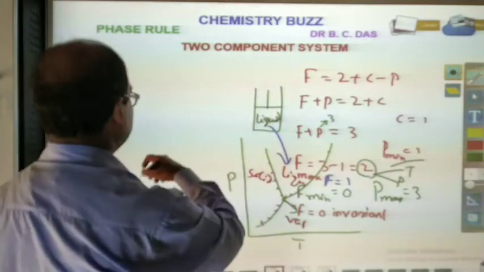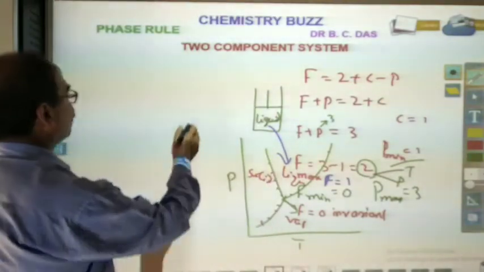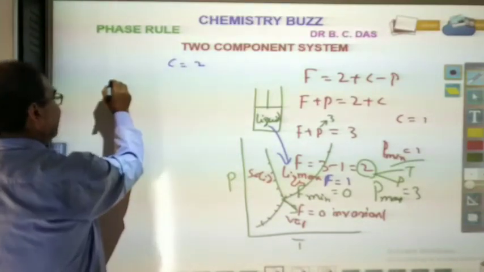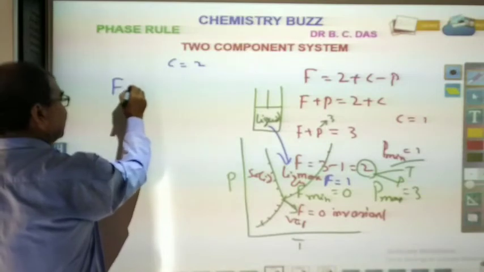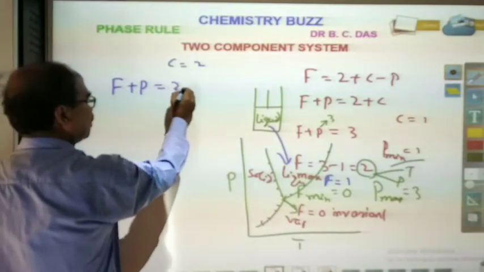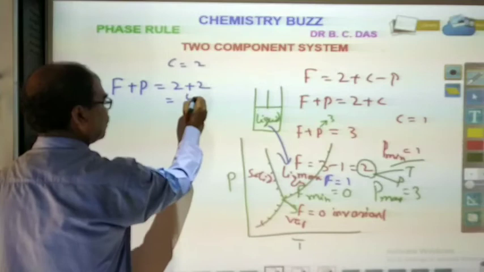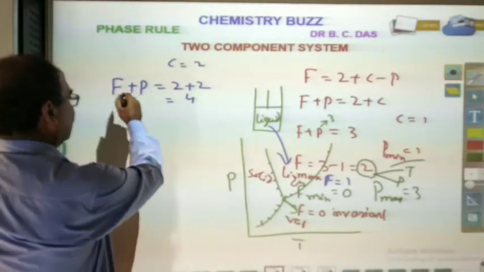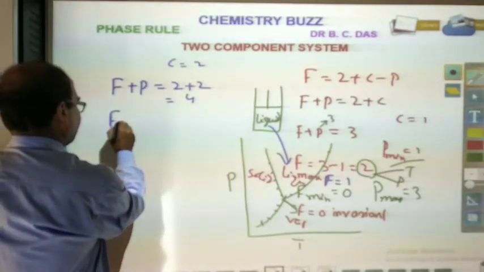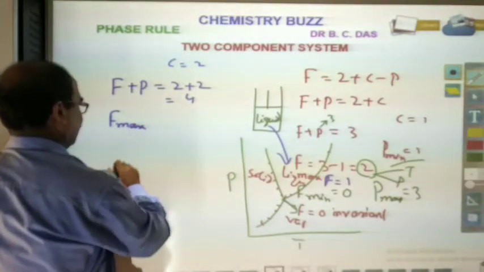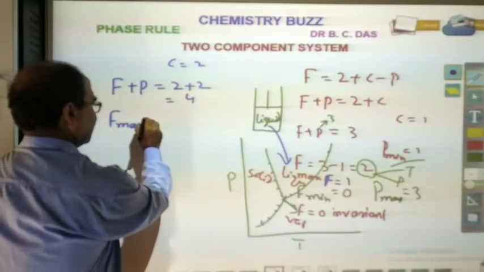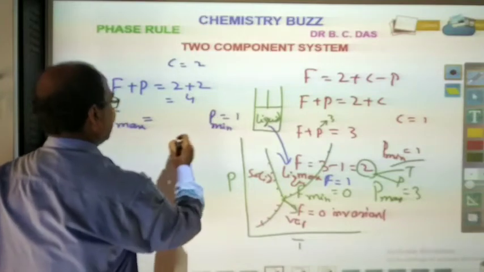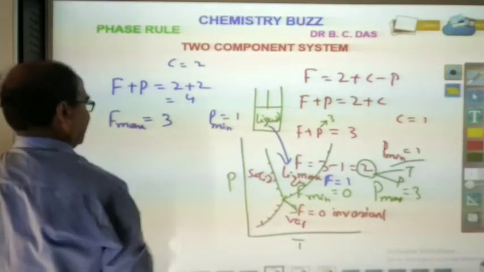Now let us consider the two component system when C is equal to 2. Then we have F plus P is equal to 2 plus 2, that is 4. So the degree of freedom F maximum will be when P minimum, and P minimum is 1, so F maximum will be 3.